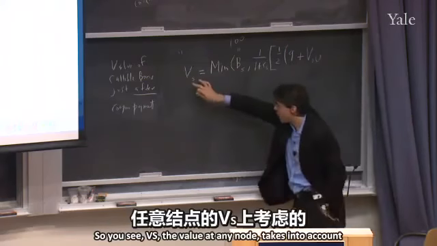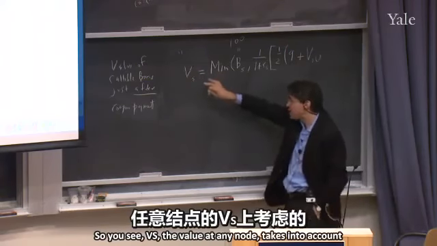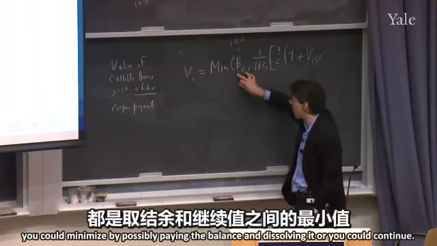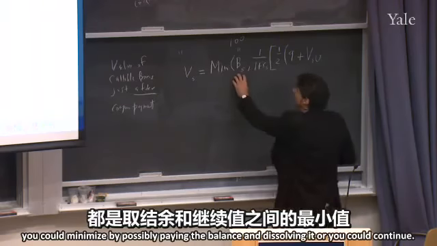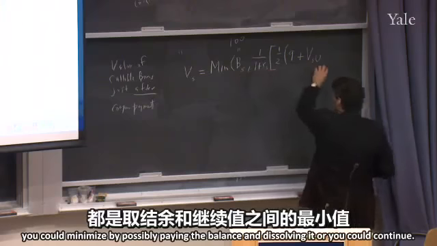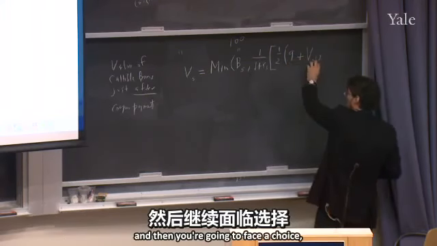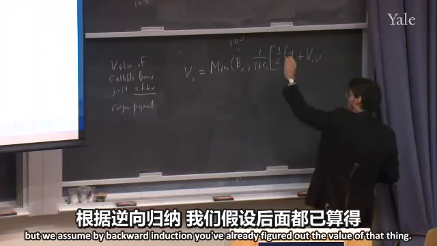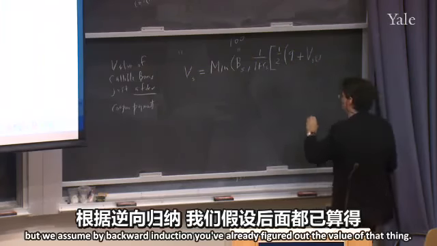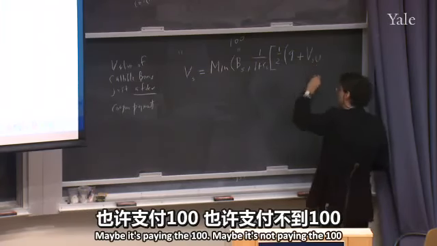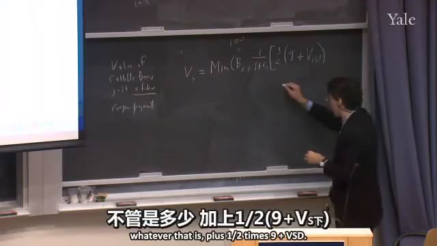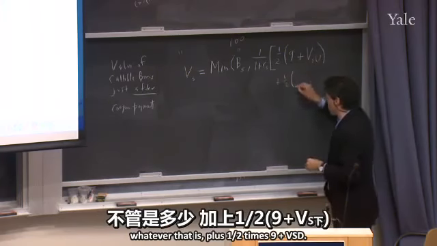VS, the value at any node, takes into account you could minimize by possibly paying the balance and dissolving it, or you could continue. If you continue and things go up, you have to make the coupon, and then you face a choice. But we assume by backward induction you've already figured out the value of that. Maybe it's paying the 100, maybe it's not. Whatever that is, plus a half times 9 plus VSD.